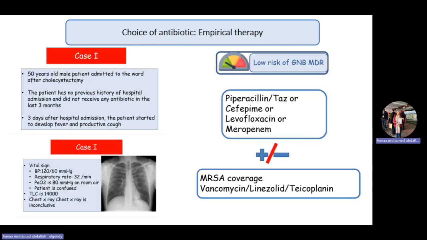So the first case had a low risk of gram-negative MDR, so we can go with piperacillin, cefepime, levofloxacin, or meropenem, plus or minus MRSA according to the local ecology.